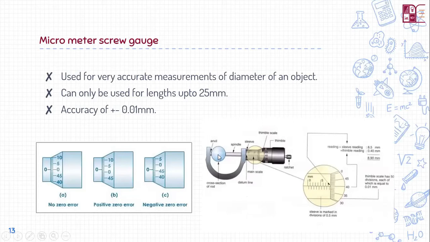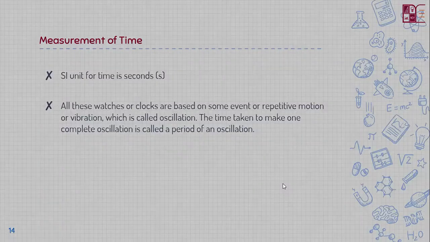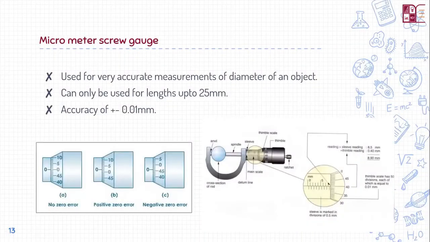Now, when we put an object in this, we turn the thimble scale and we tighten it up by the ratchet, and then we look at these numbers. So 0, 1, 2, 3, 4, 5, 6, 7, 8, 8.5, and then we don't see the 9. So 8.5 is what we've got, and then a few other millimeters that we're going to achieve by the thimble reading.